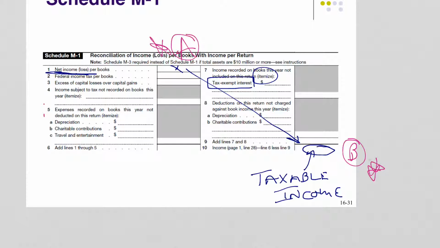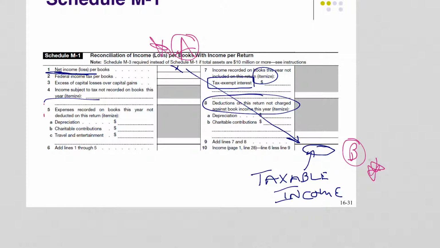Similarly, a very similar concept is over here. Expenses recorded on the books this year, not deducted on the return. Well, that's not a problem, actually. So I hit the wrong button there, but let's go back. Here it is. This is the one, line 8. Deductions on this return not charged against book income.